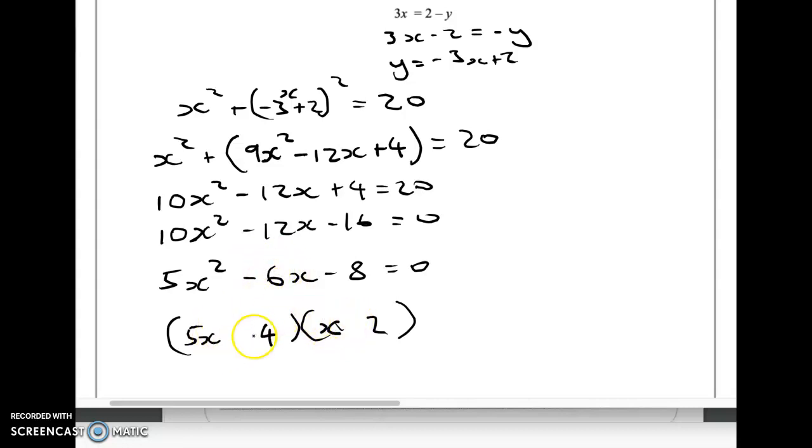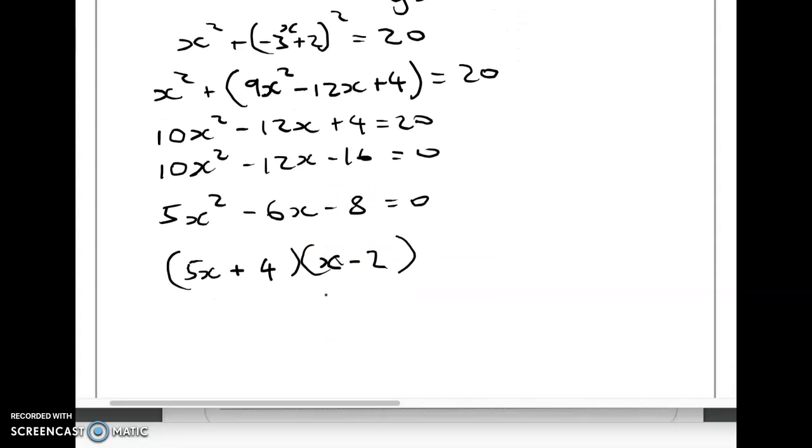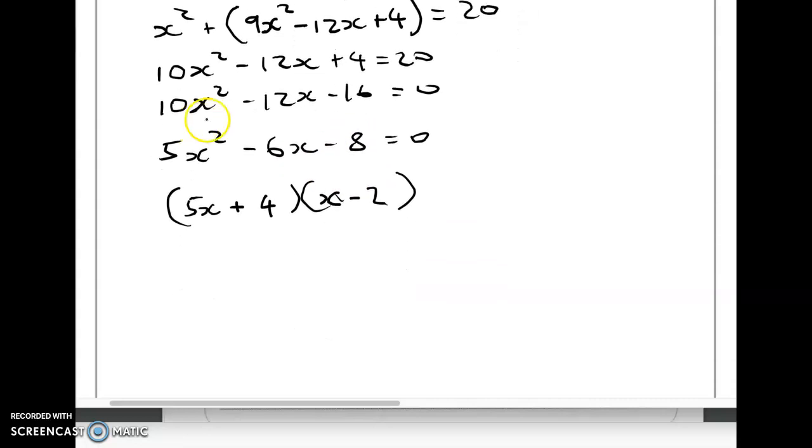Now it's just the signs. That's why it has to be minus 2 here, and this one positive. Because 5x multiplied by minus 2 is negative 10x, and then we've got positive 4x. So when you put them together, that gives me minus 6x. And minus 2 times 4 is minus 8. Okay, hope that made sense.